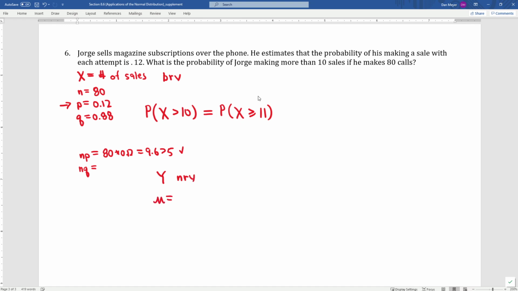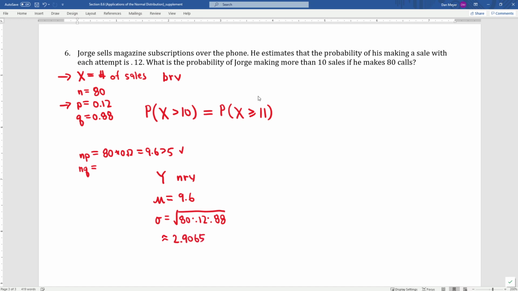Its mean is going to be n times p, the same as the mean for our binomial random variable x, and its standard deviation is the square root of npq. So the square root of 80 times 0.12 times 0.88. And that standard deviation here, go ahead and round this one to 4 decimal places, 2.9065.